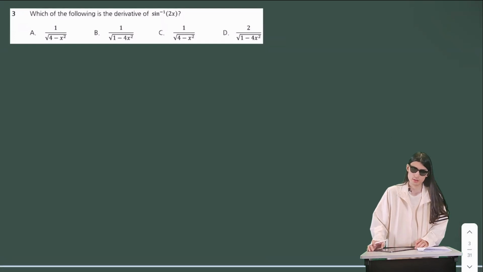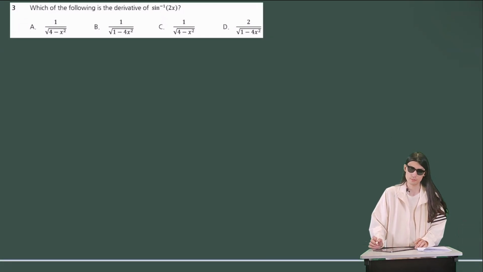Third one, simple differentiation. So again, the derivative of inverse sine functions is 1 over the square root of 1 minus, and then this thing that I've just underlined, squared.